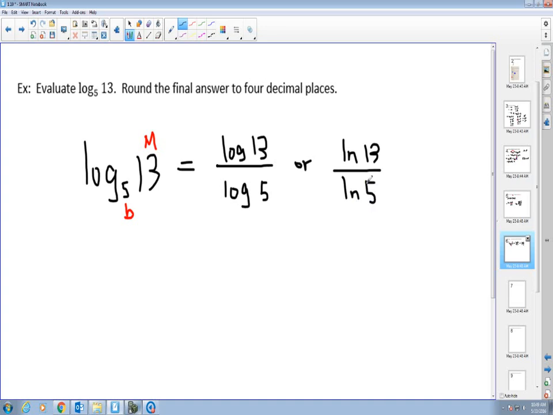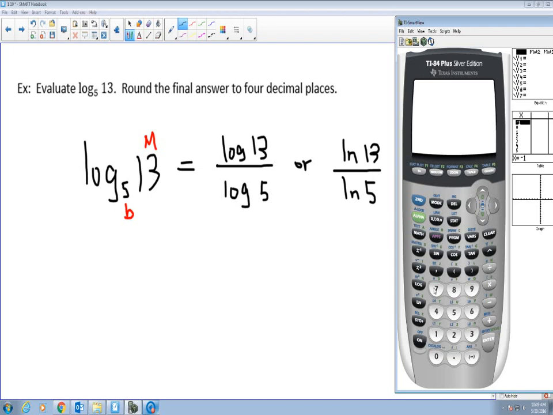And this is where it's bizarre. Log is using base 10, natural log is using base e. But if I put it in the calculator, let's say log of 13, close parenthesis, divided by log of 5, that's my answer. Round to 4 decimal places.